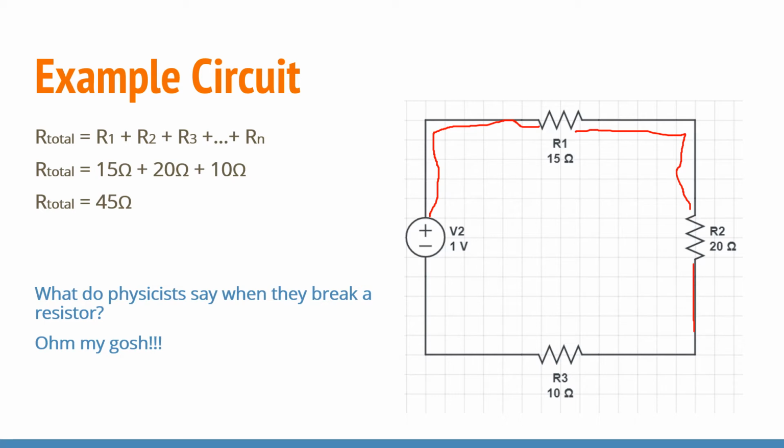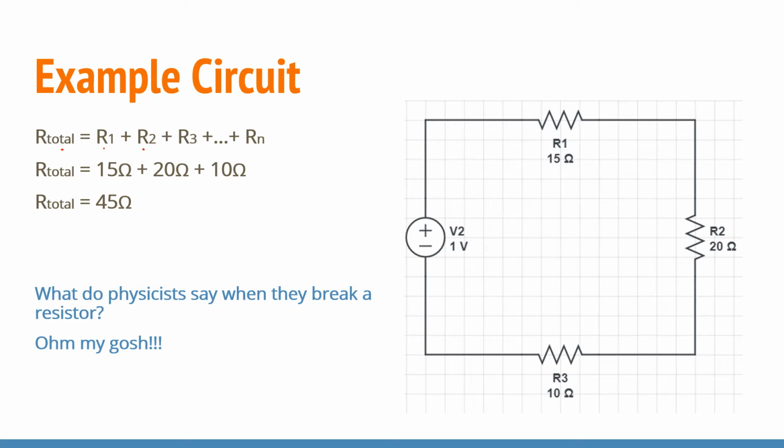As we keep going, we will see that the third resistor is also in the same pathway as the first two before the current eventually returns to the negative terminal of the battery. What we'll see is that all we have to do is add together R1, R2, and R3 to get the total resistance of the entire circuit.